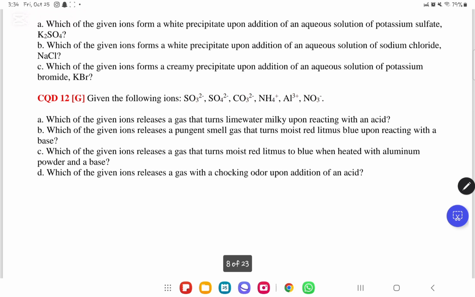After CQD number 12, we will have the top questions. Let us know the characteristics of each gas. It turns lime water milky. What turns lime water milky? It is carbon dioxide. So which releases carbon dioxide? CO3 2-. Then a pungent smelling gas that turns red litmus paper blue.